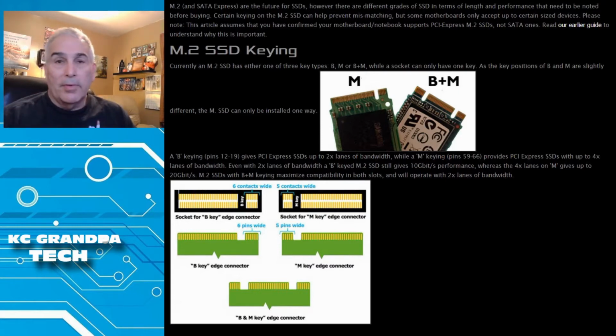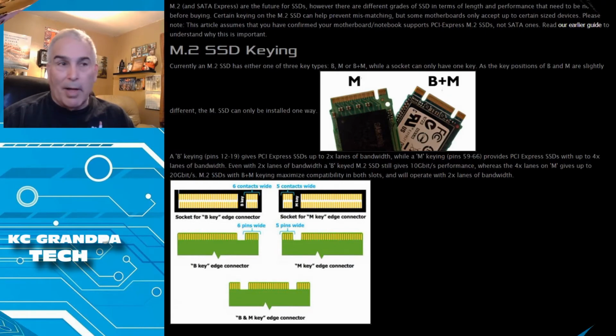There were different speeds, and they could be identified by the keying: M, B plus M, or just B. The difference is the speed at which the data can be transferred out of the unit, and whether it's going to go on a SATA bus or on a different bus. One is 600 megabytes per second, one is over 1,000. You can see the difference right here. I hope this is being helpful to you. It can be a little confusing.